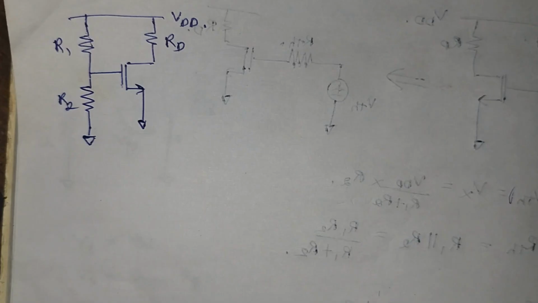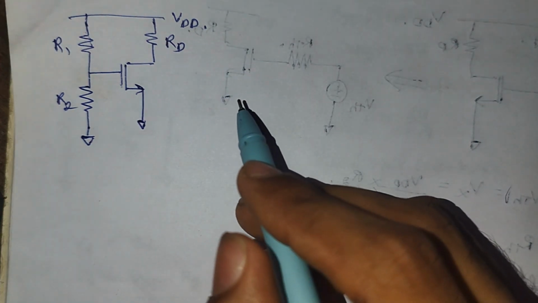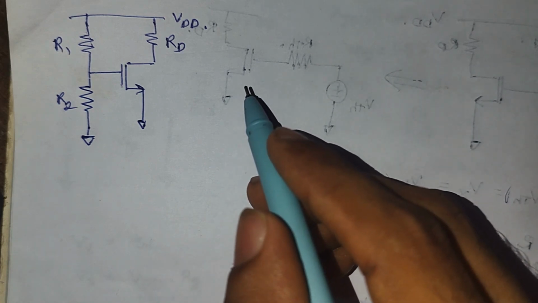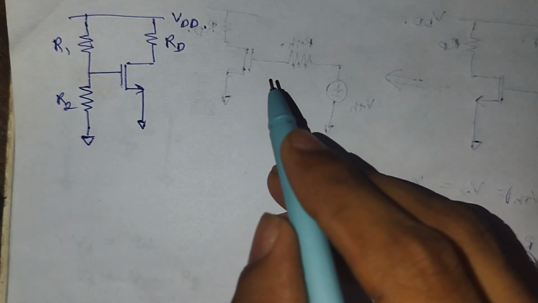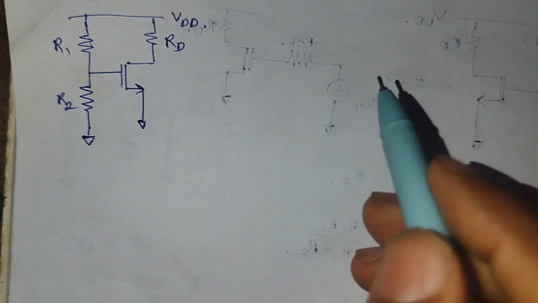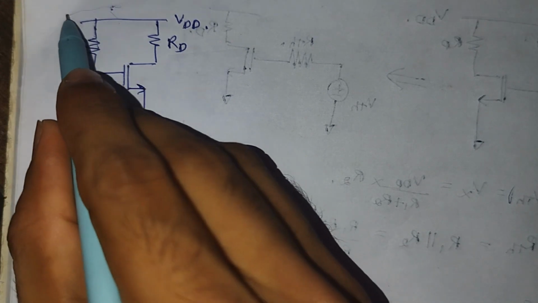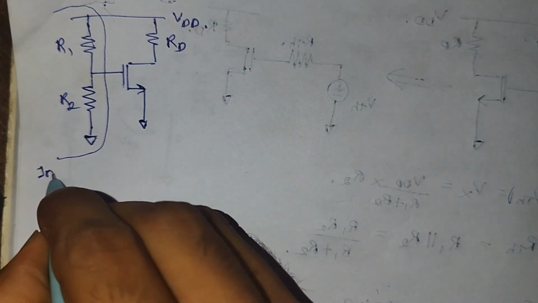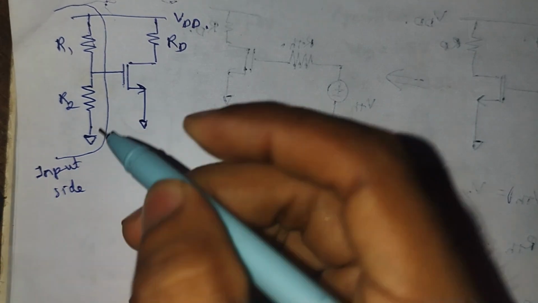After finding the voltages at the gate and drain node of the MOSFET, we have to apply Thevenin's theorem to our circuit at the input side. In Thevenin's theorem, any linear circuit can be modeled as a single voltage followed by a Thevenin's resistance. Then we can break this circuit into two halves, one is the input side and the other is the output side.